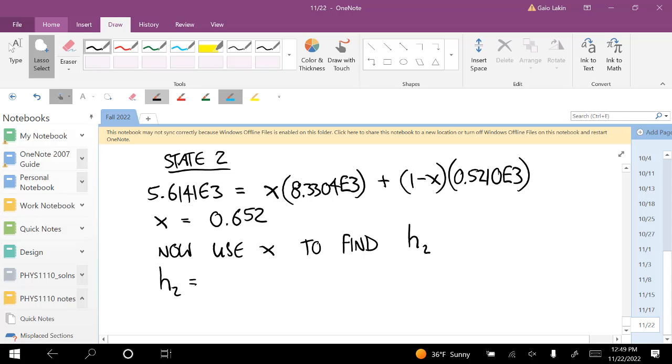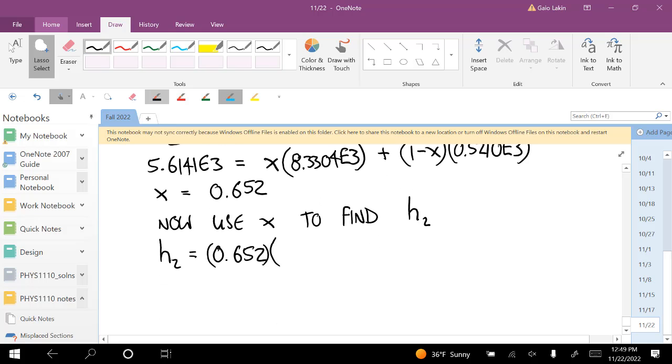So H2 is equal to 0.652 times the specific enthalpy for a saturated vapor, 2567.4 times 10 to the third, plus 1 minus this, which is 0.348, times the specific enthalpy for a saturated liquid at that pressure, which is 151.53 times 10 to the third.